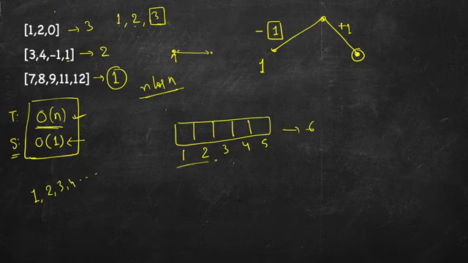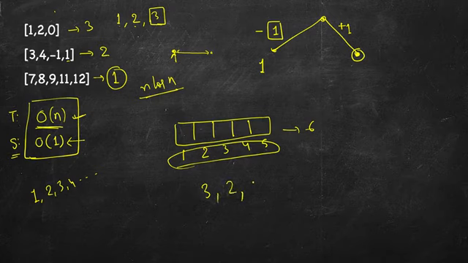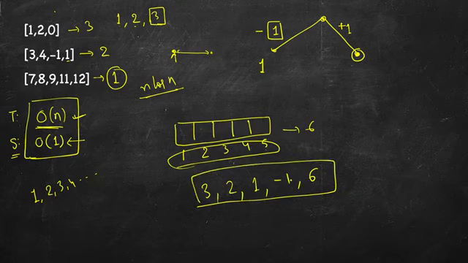But if all of these are not present, some other value is present, like we have 3, 2, 1, -1, 6, like this. We have 5 spots and we don't have all of the numbers 1, 2, 3, 4, 5. So other numbers can only come when one of these is not present. Then only we can put some other number there because the slot is fixed.